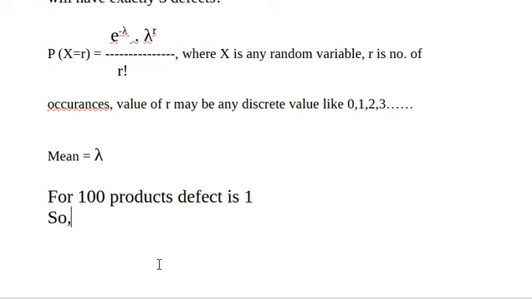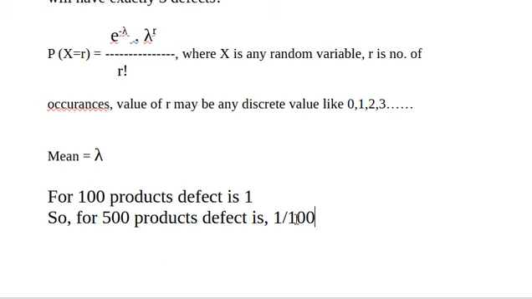So for 500 products, it will be 1 by 100 into 500, that is 5.